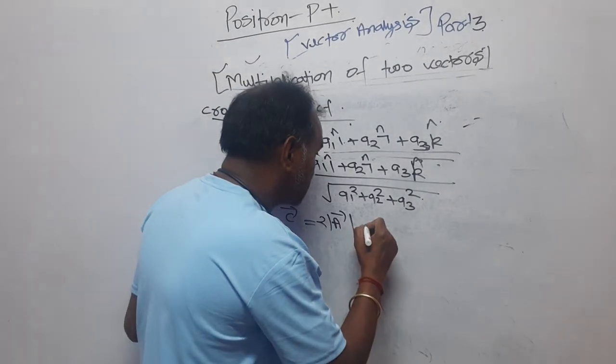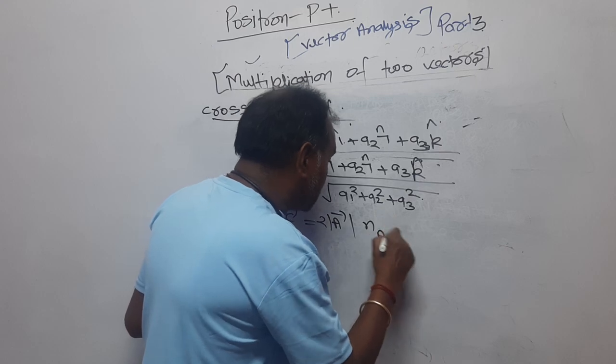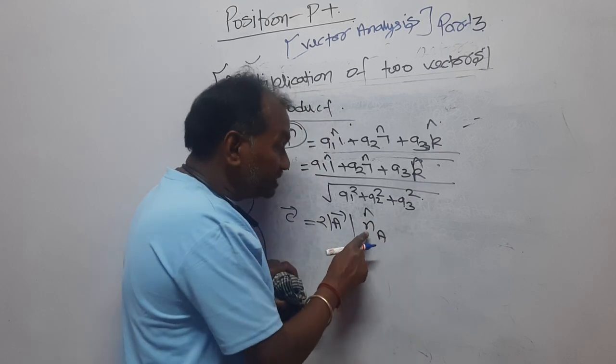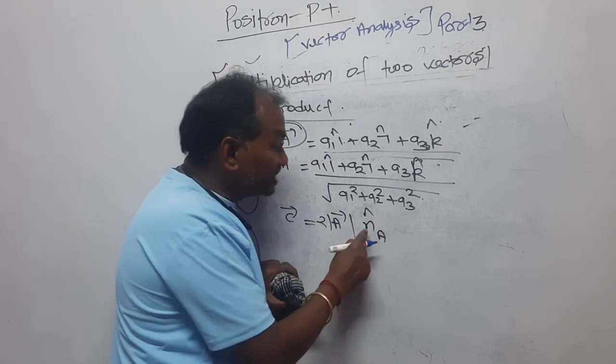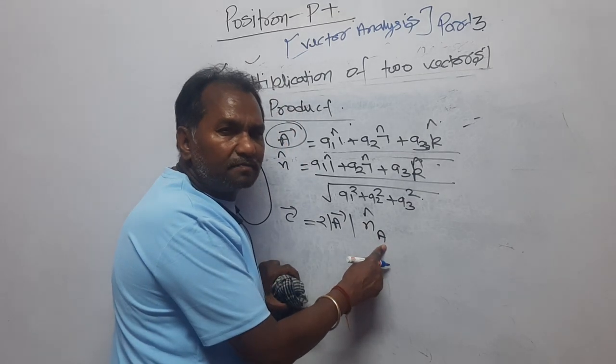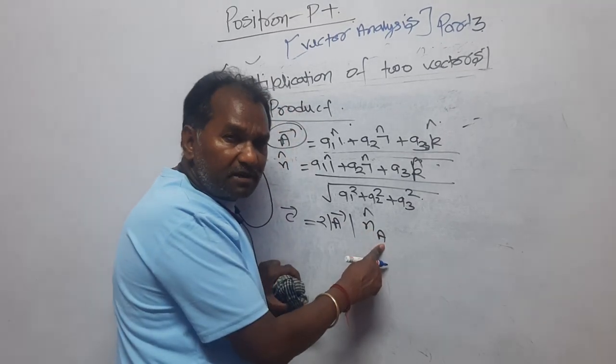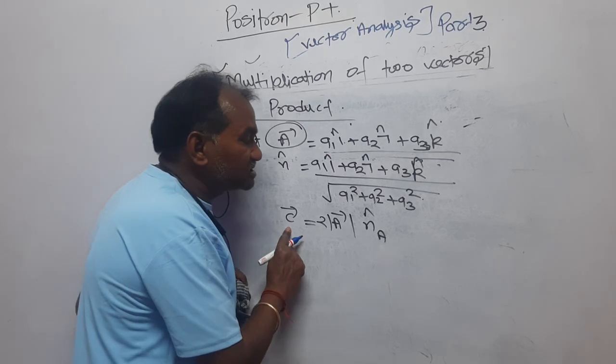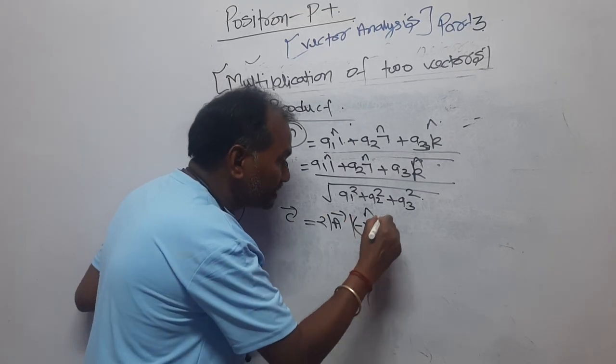Means n cap, this is the unit vector of vector A. It is giving the direction of vector A, but the new vector C is oppositely directed to vector A, right?